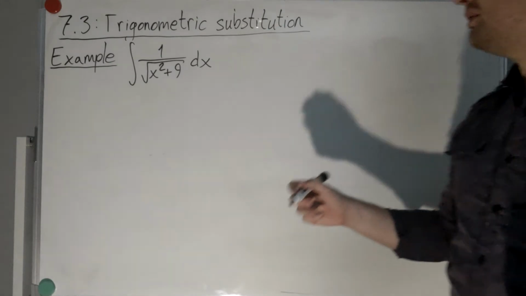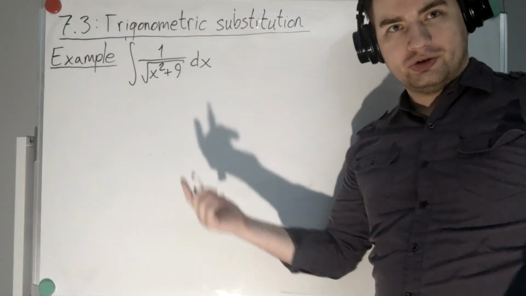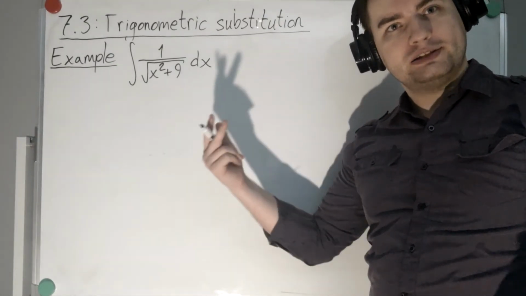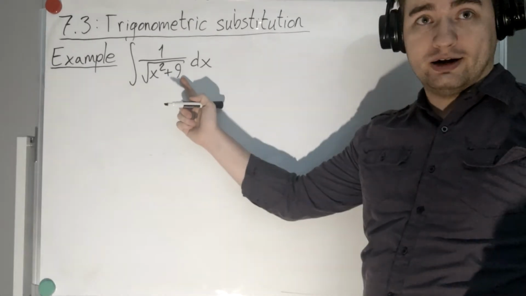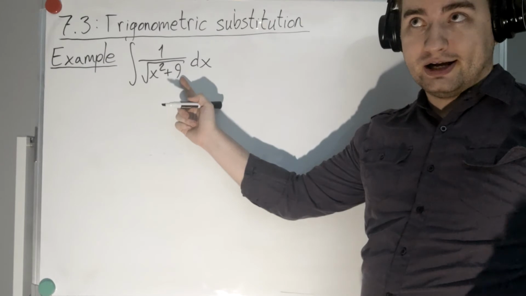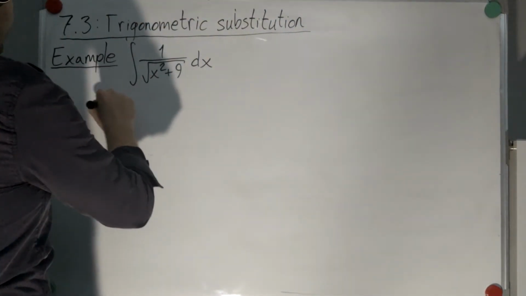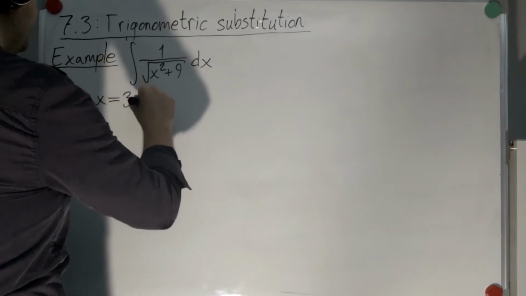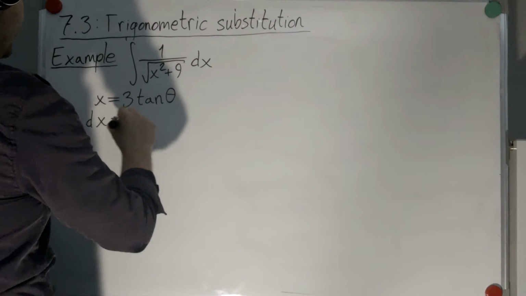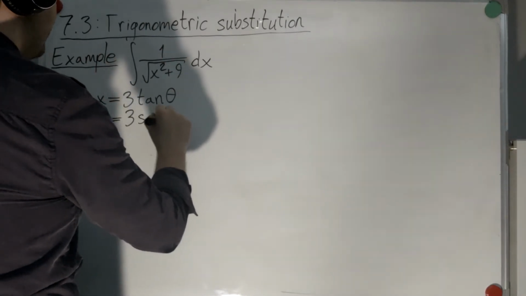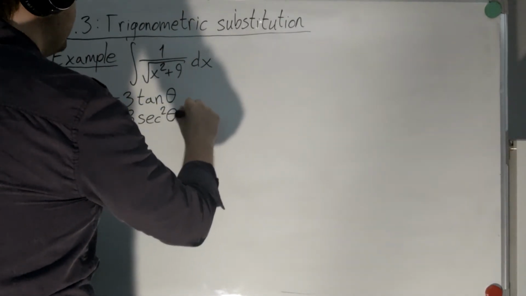So in this case, what we'll do is we'll make the trigonometric substitution x equals 3 tangent theta. Right? Because this is x squared plus a squared, where in this case 9 is 3 squared. So x equals 3 tangent theta, in which case dx is going to have to be 3 secant squared theta d theta.